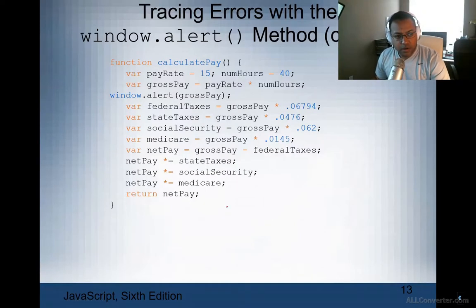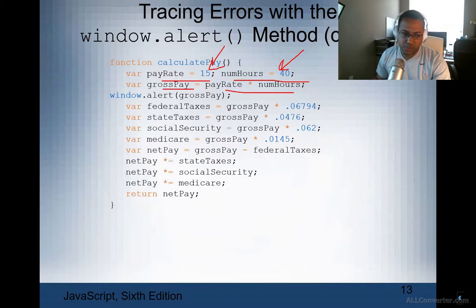So here's a function that is leveraging the alert method. We have the variable pay rate and the variable num hours being initialized with integer 15 and integer 40. We have a gross pay expression that is multiplying pay rate times num hours and then assigning that value to gross pay.